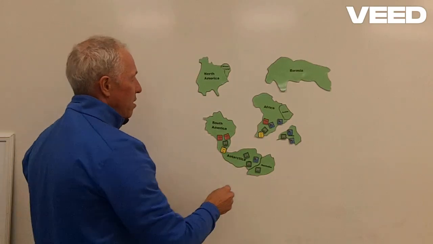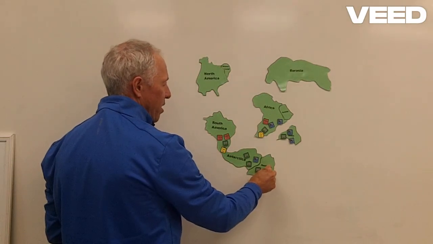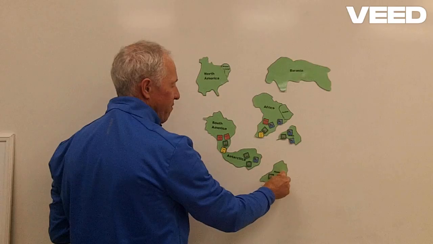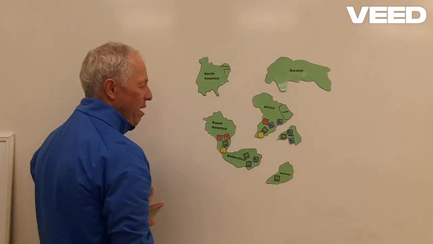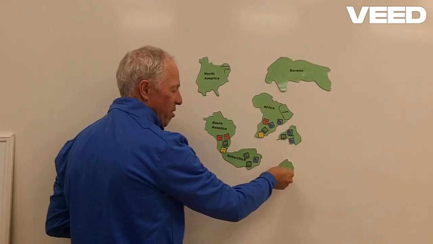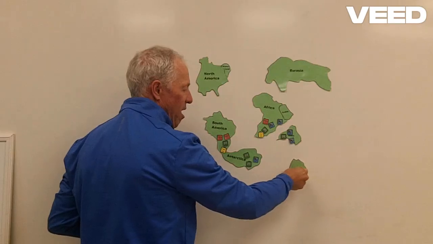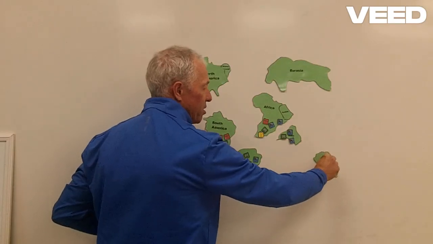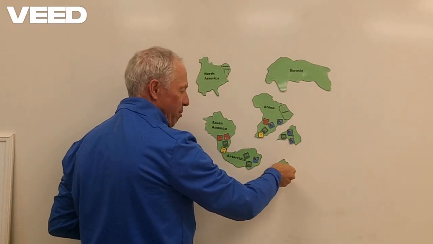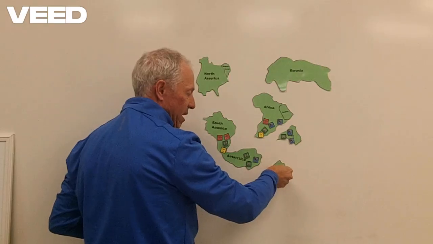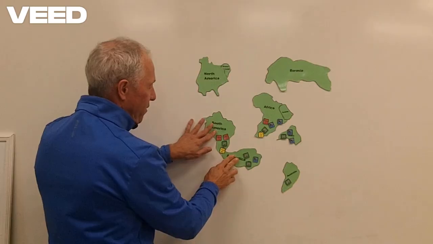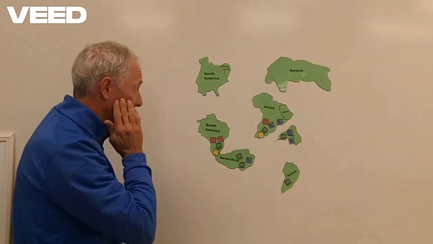Then Australia breaks away from Antarctica about 75 million years ago, and starts turning counterclockwise. It will eventually turn all the way to its present location, but that turning is gradual. So Australia comes off, and South America and Antarctica continue to move.